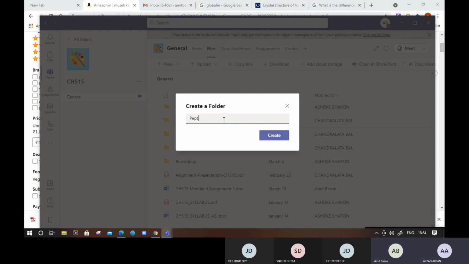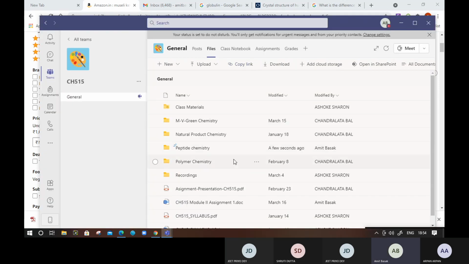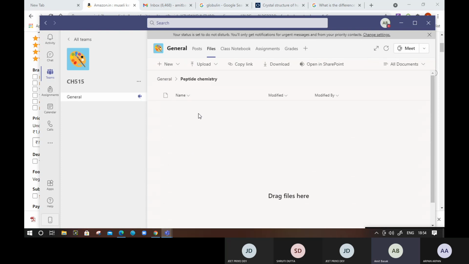Create. Now I can open this up. Nothing is there.